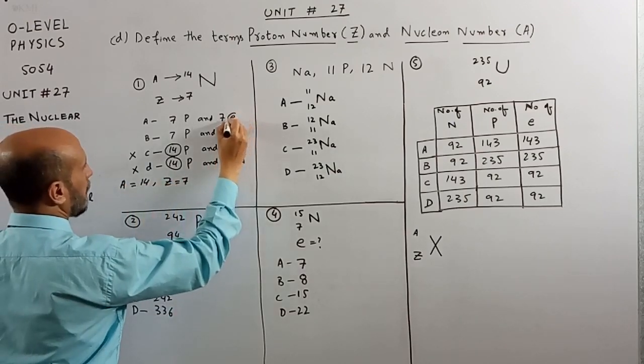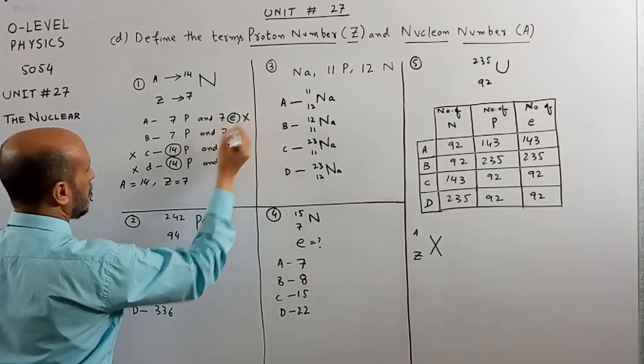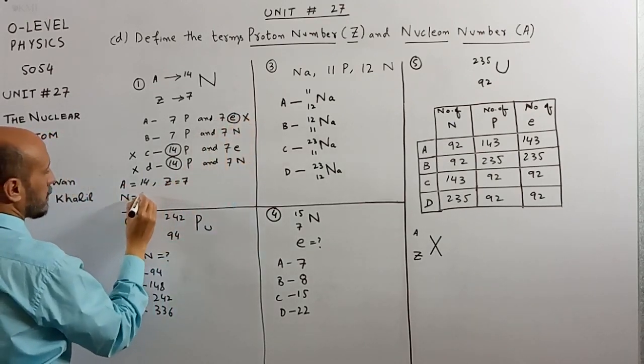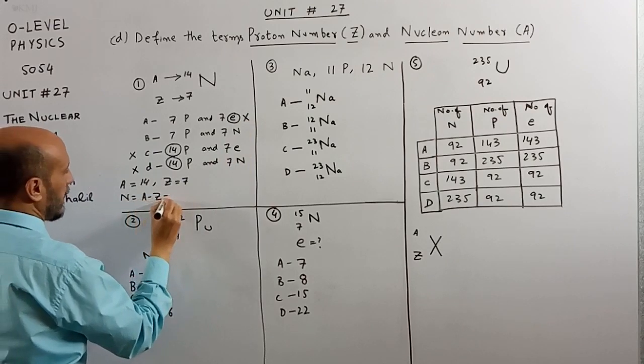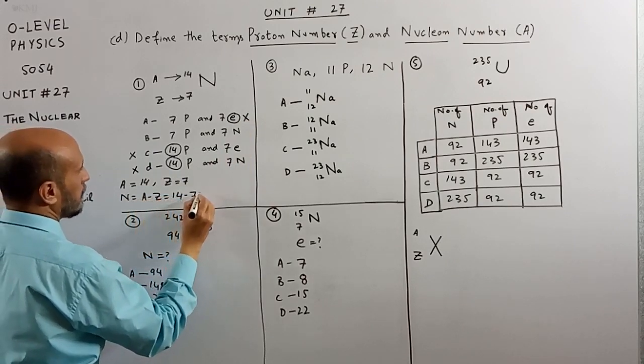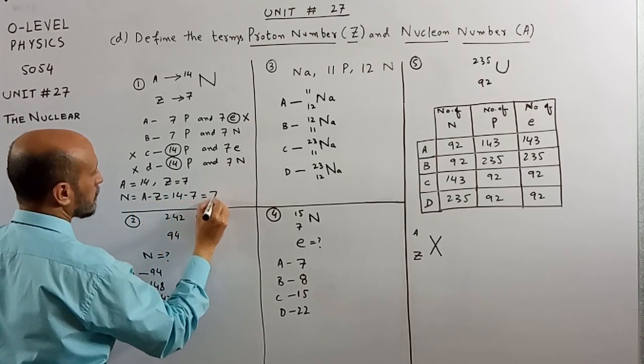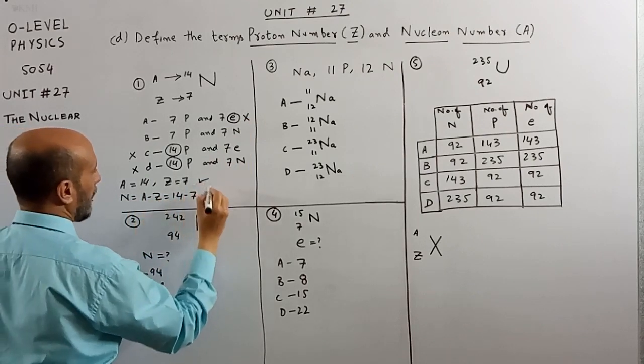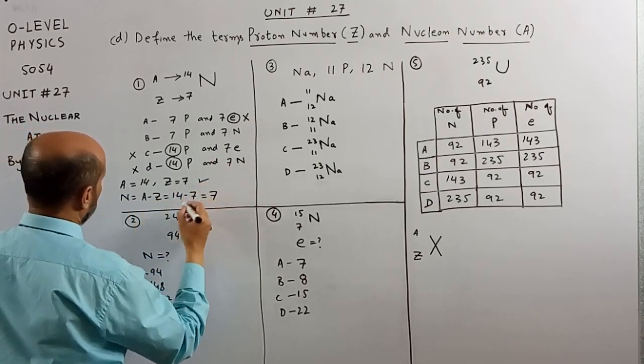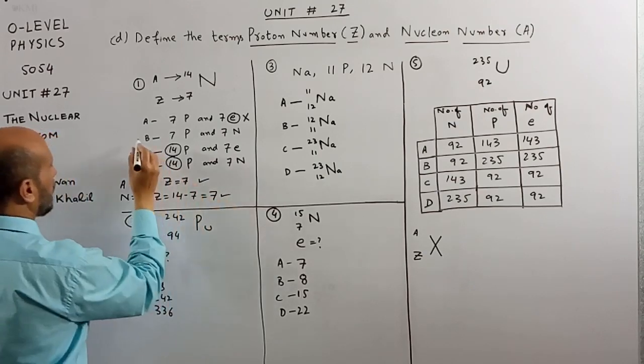This option is also omitted because electrons are there. N is equal to A minus Z, 14 minus 7 is equal to 7. So the value of Z is 7 and the number of neutrons is 7.